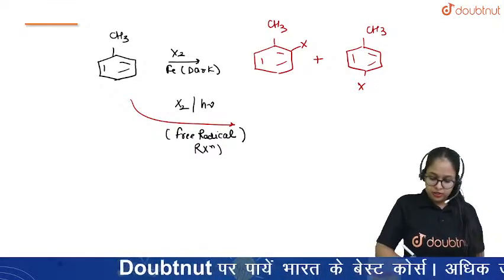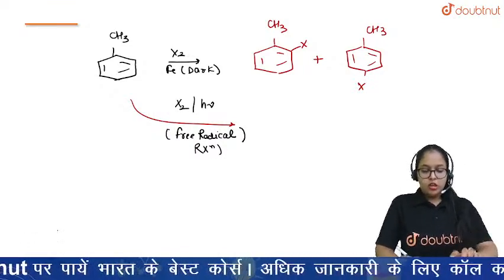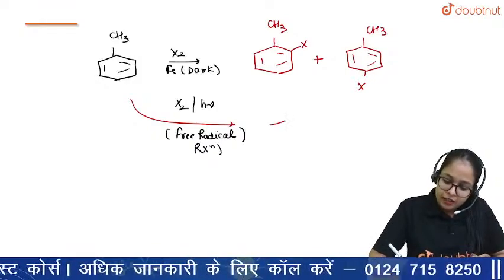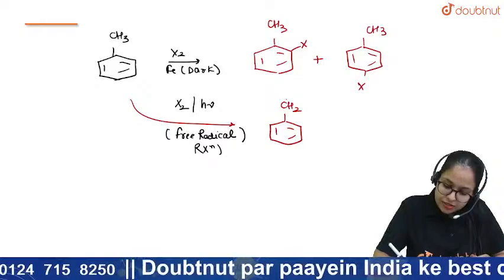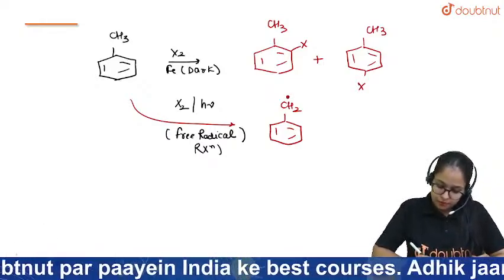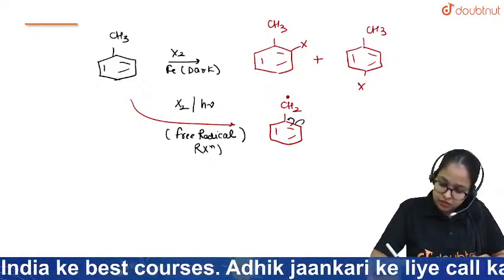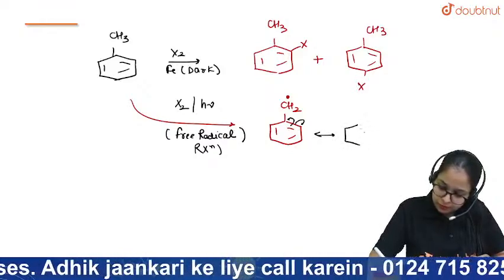What you have to do is form a free radical, and the most stable free radical from the substrate is CH2 radical, because once the CH2 radical is formed, it will undergo resonance in this manner.